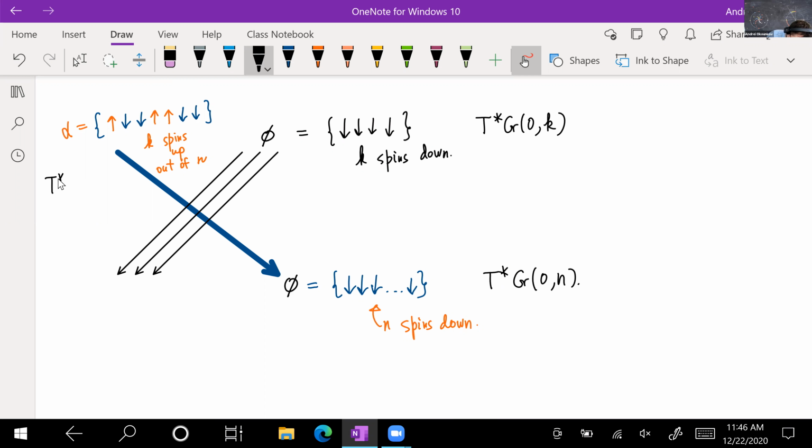This is about T star Grassmannian of k-dimensional subspaces in n-dimensional space. And here we take T star Grassmannian of k-dimensional subspaces in k-dimensional space. So these are all spins up. We'll put them in red since they go up.